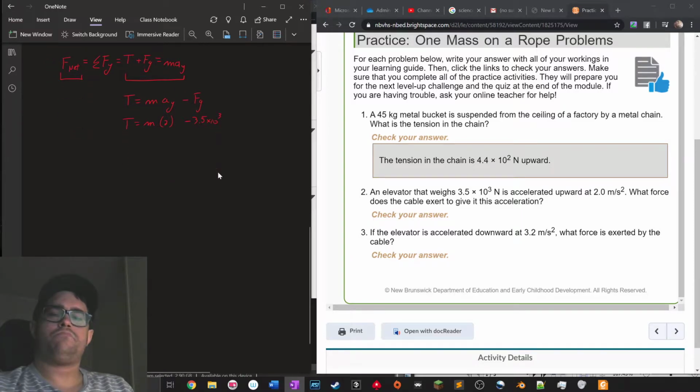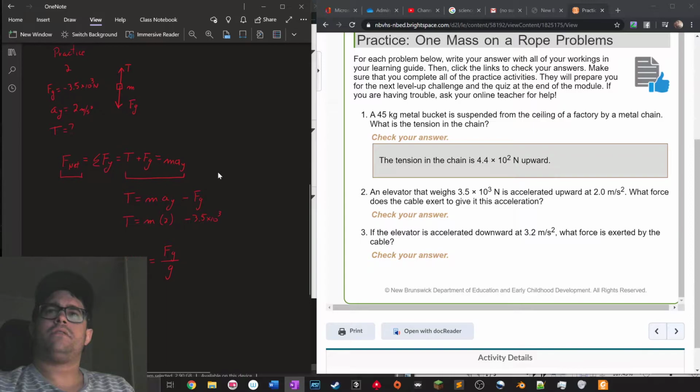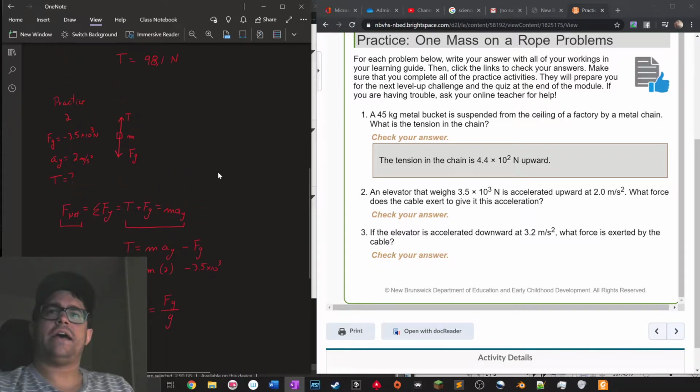And there's probably other ways to do this, but for now we can find M if we take Fg divided by gravity, right? Like basically this elevator has an Fg that is only due to its mass and gravity. So we can find M like this. Fg over g.